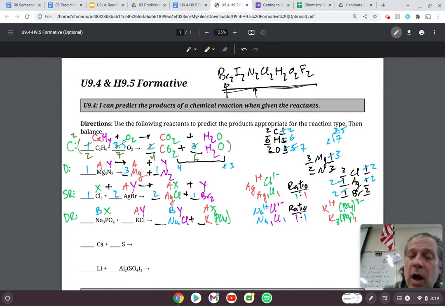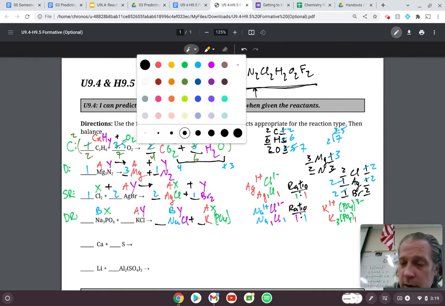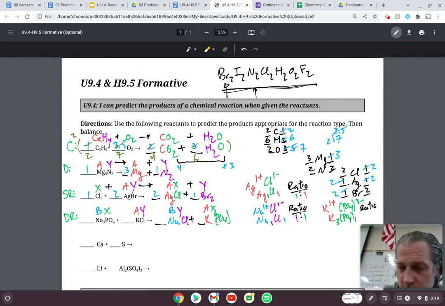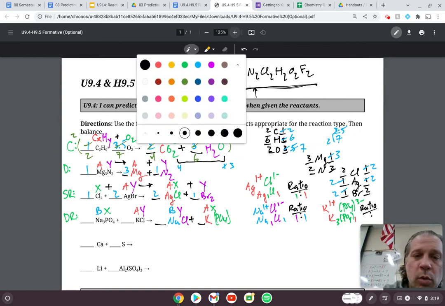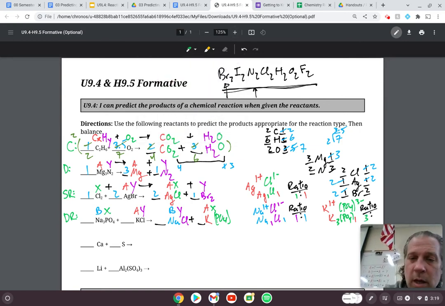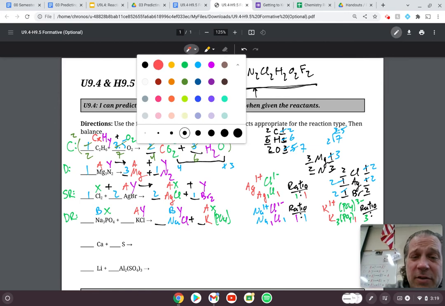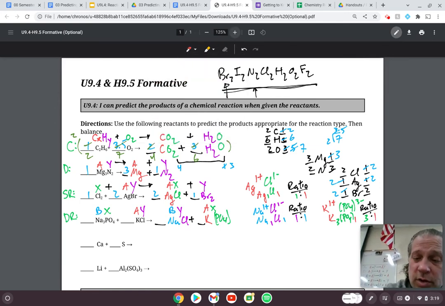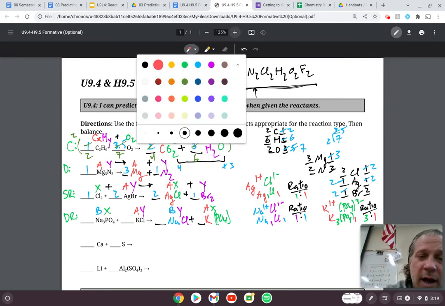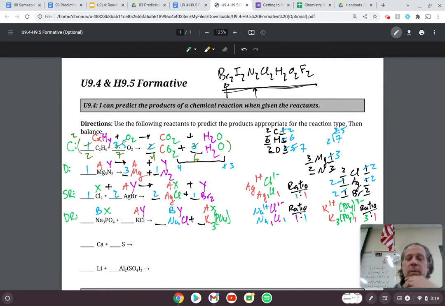Okay, so now I'm going to check my ratio here, which is 3 to 1. And I can't simplify that either, but I do need to have a 3 behind the potassium in my formula. And so that's where the checking of the charges and crossing down is really important.